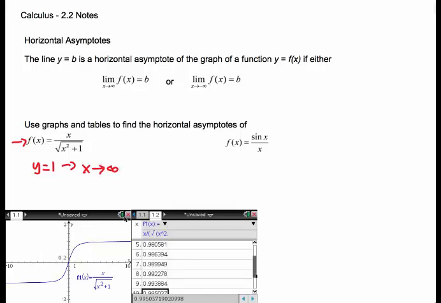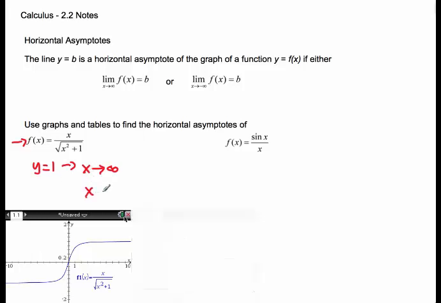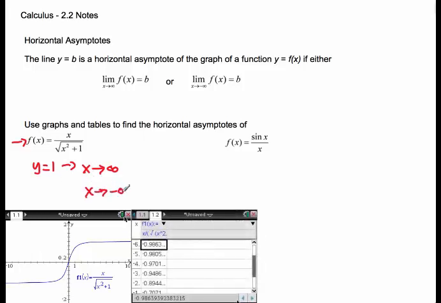Then when x goes towards negative infinity, we're going to notice that the y values approach a different number, negative 1. And so that's a horizontal asymptote. This guy's got two of them. Kind of cool, I know.